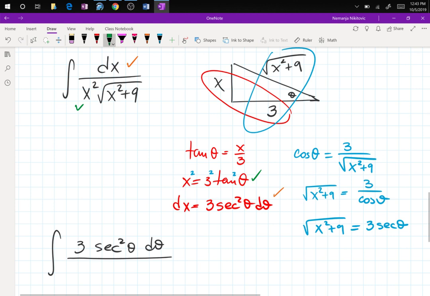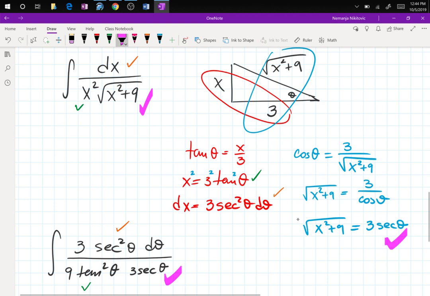And that is going to be my 9 tangent squared theta. That's my green. And finally, I have the square root, and that square root is just going to be my 3 secant theta, which is this pink highlighter.